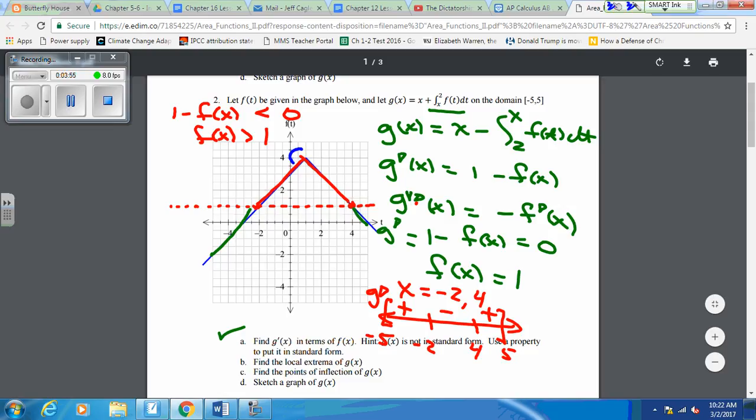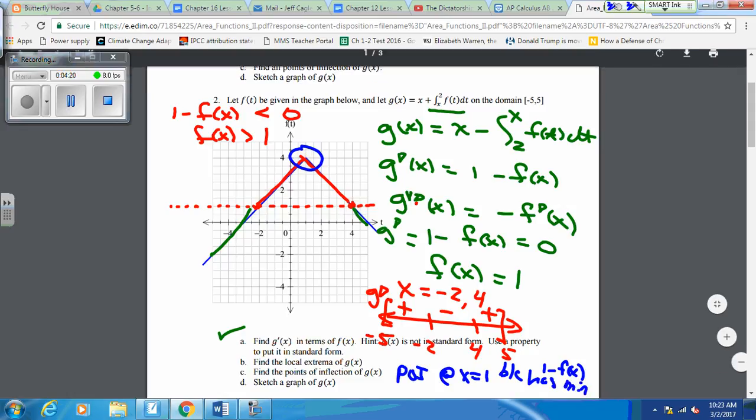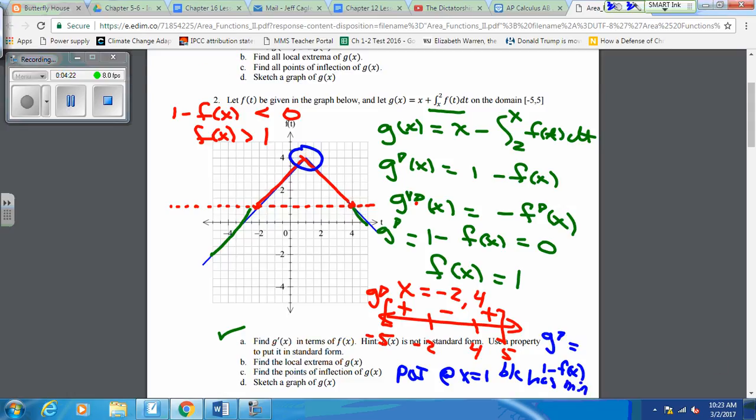And we see that f of x has a max right here, so 1 minus f of x will have a minimum at the same point. That's the easiest way to see it. So I'm going to say that there's a point of inflection at x equals 1, because 1 minus f of x has a min, which is g prime.